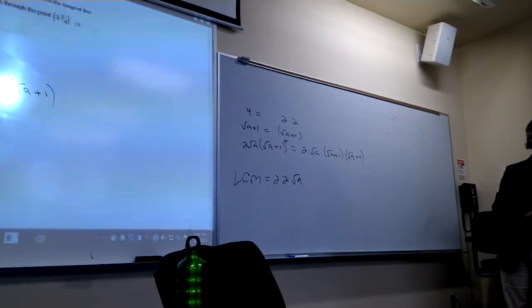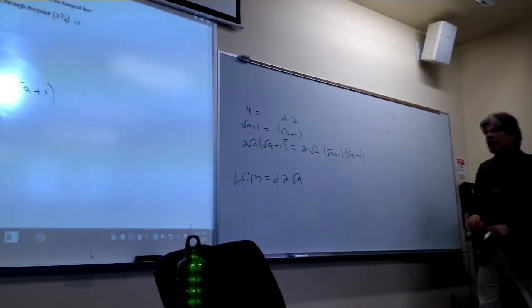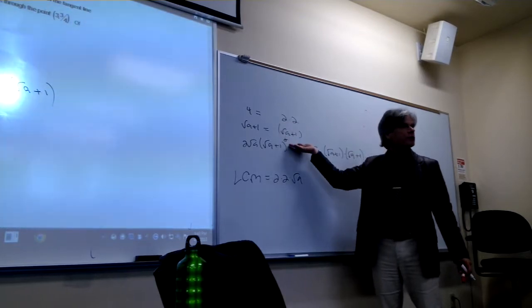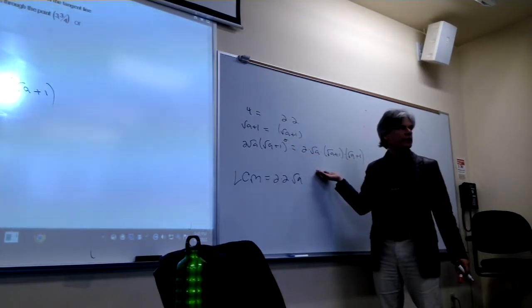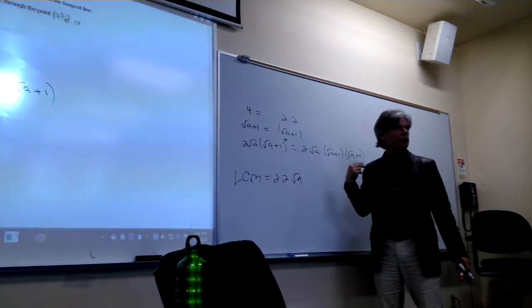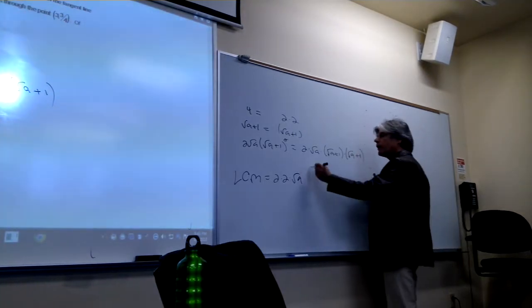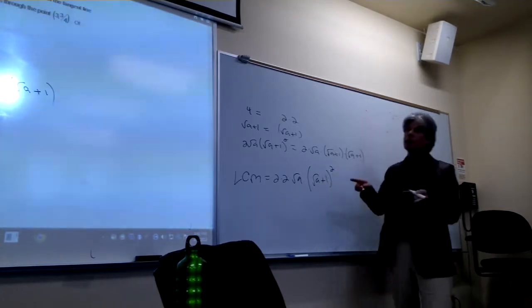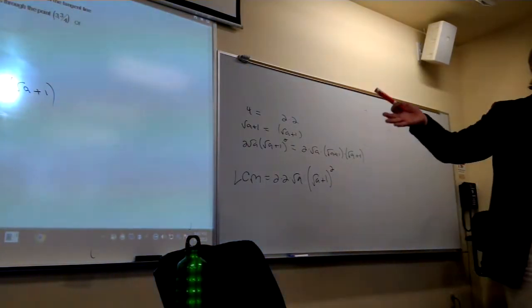So how many times do you see root a plus 1 as a factor? Twice. So the LCM should have it twice. Therefore, I got a factor of root a plus 1 quantity squared. And that is exactly what I wrote in red. Well, I wrote it as a 4 instead of a 2, but you see where I got it?